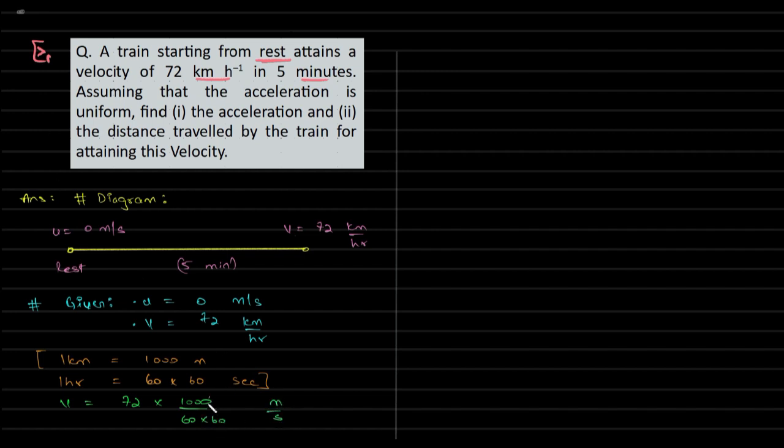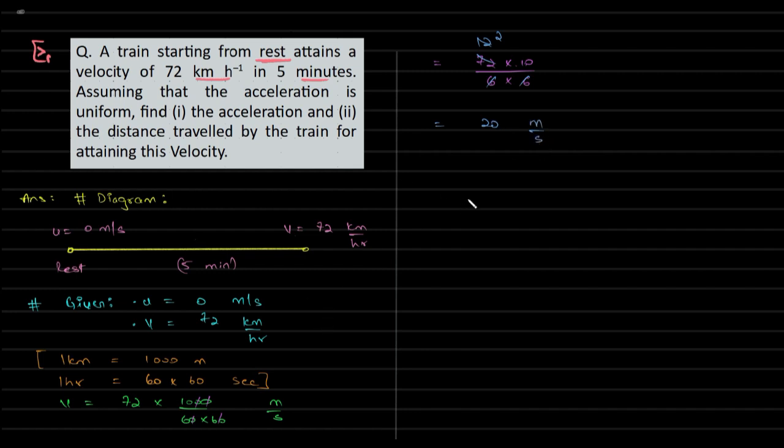So now we have a single zero, single zero, and we can cancel. 72 into 10 by 6 into 6. So clearly 6 can divide 72, that will be 12, and 6 again can divide, and we have 20 meter per second.